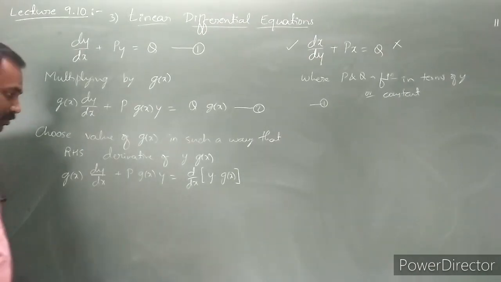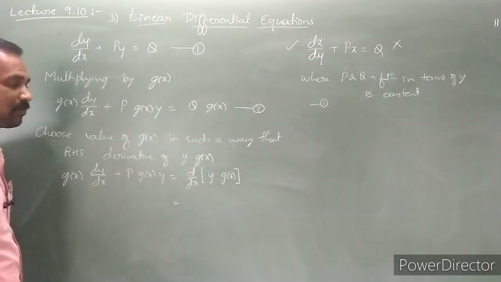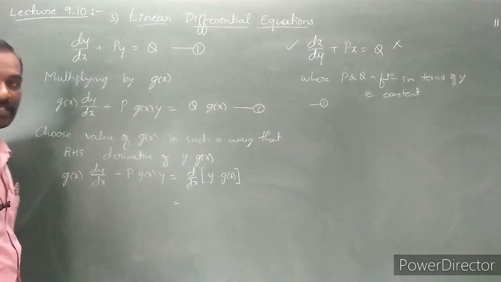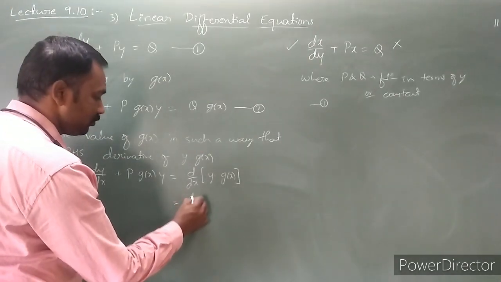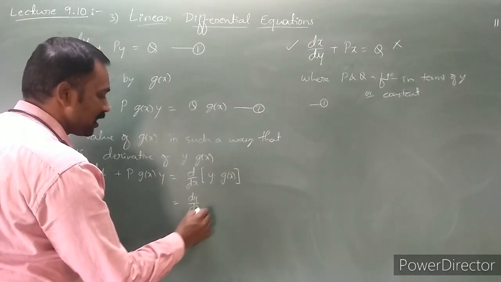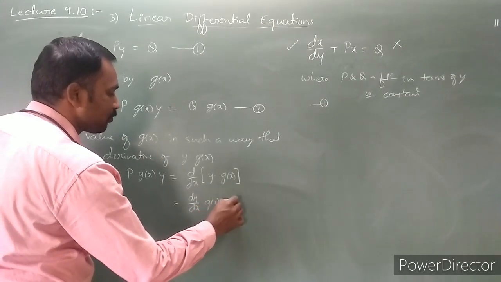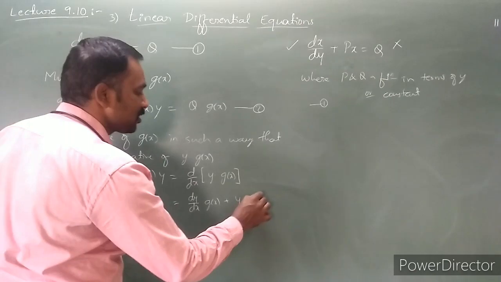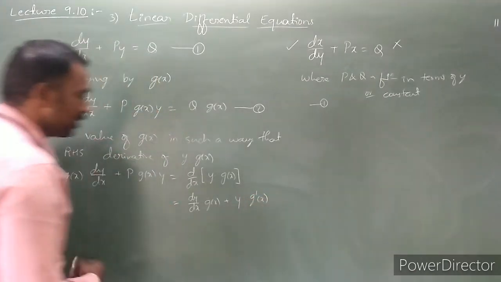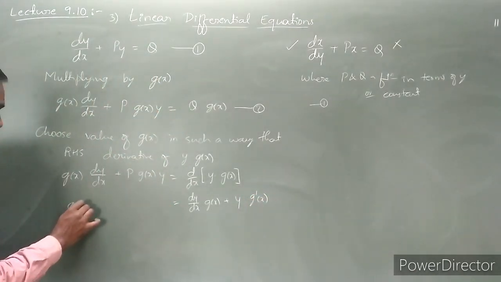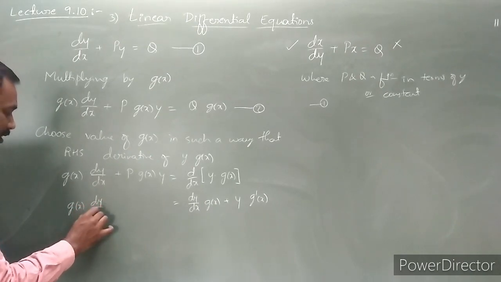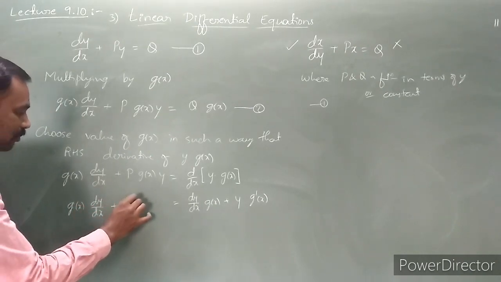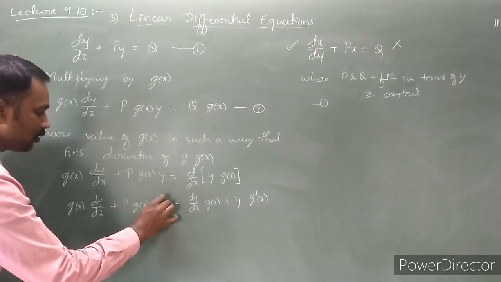Now simplify this one. Differentiate. y is one function, g of x is one function. Differentiating by the product rule, we get dy by dx into g of x, and y as it is, times the differentiation of g of x, which can be written as g dash of x. The left hand side is g of x into dy by dx plus p into g of x into y.